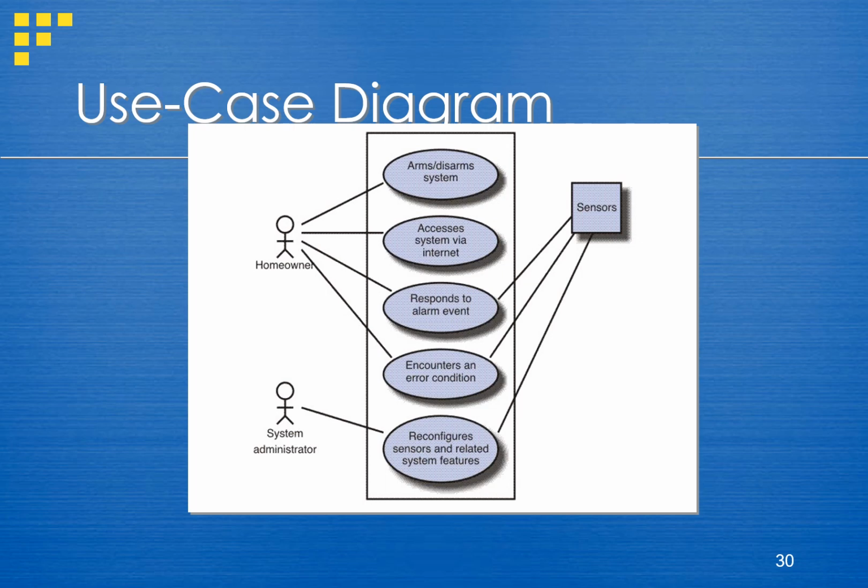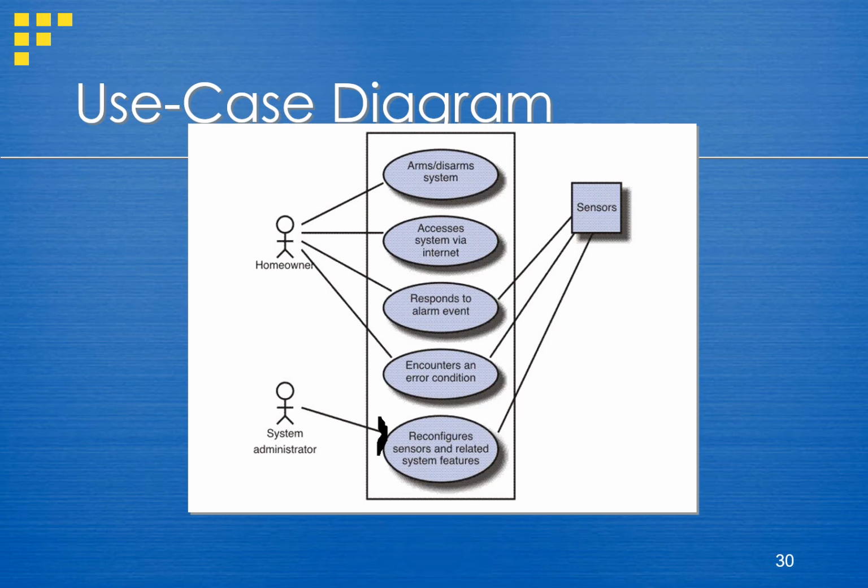See the arrows. You can also draw these arrows as unidirectional arrows, that means you are giving a pointer here like this. This is also possible if you want to show it is one-way communication. And if it is not one-way communication, don't draw any arrow, just draw a simple line. So homeowner and system administrator are primary actors.